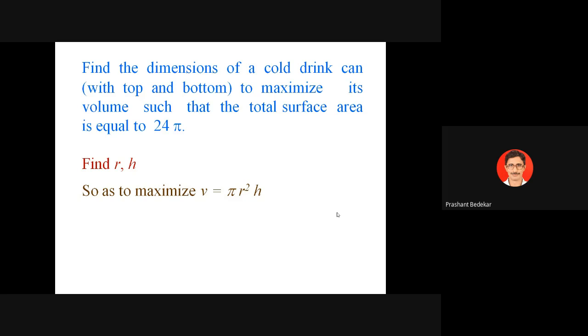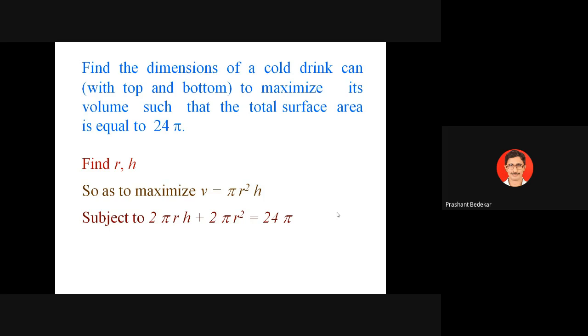Now, is there any limitation? Yes, the restriction is there. I have been given a sheet of metal of fixed size. The area of that sheet given to me is 24 pi. So there is a constraint: subject to 2 pi r h plus pi r square is equal to 24 pi. 2 pi r h is the surface area of the cylinder.